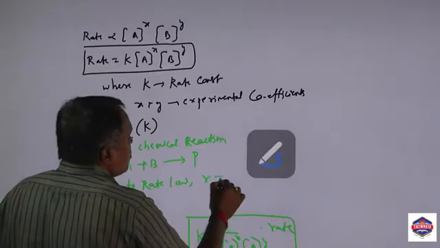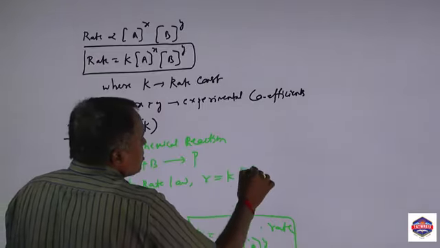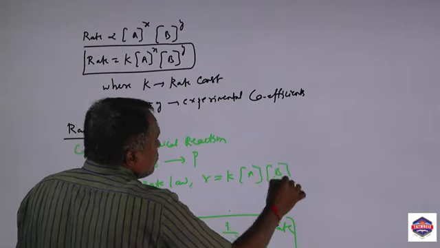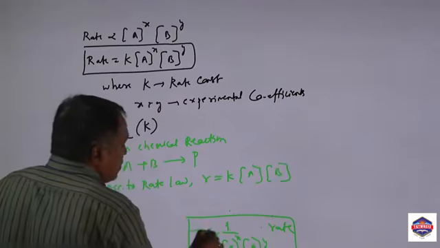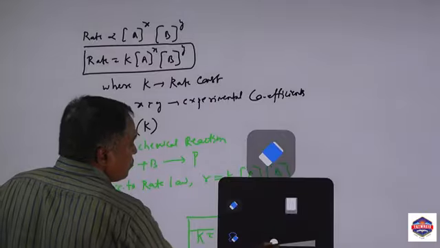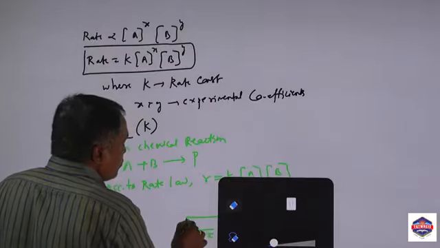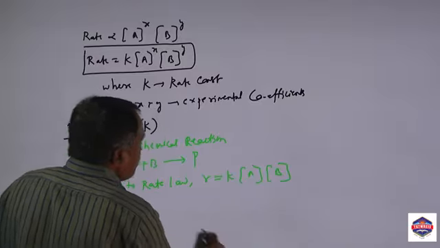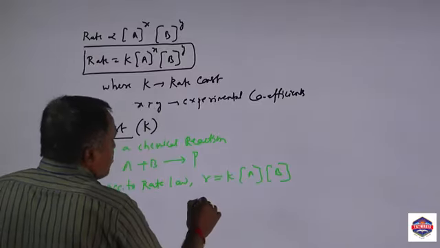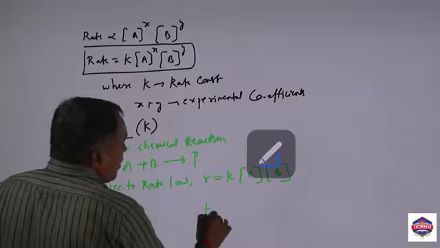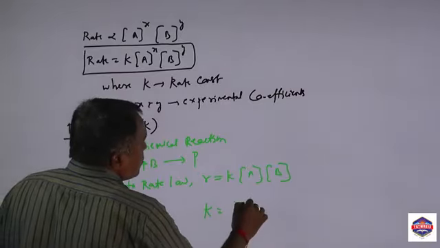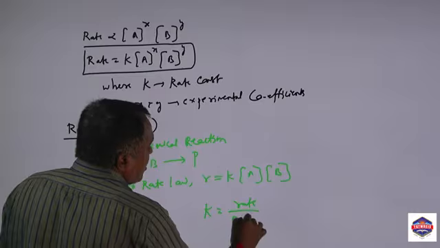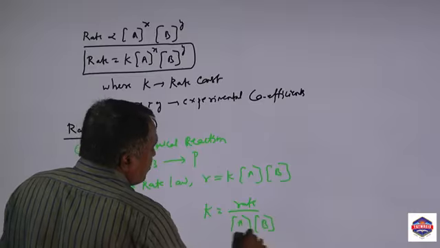So rate is equal to k into [A] into [B]. So k is equal to rate by concentration of reactant A into concentration of reactant B.